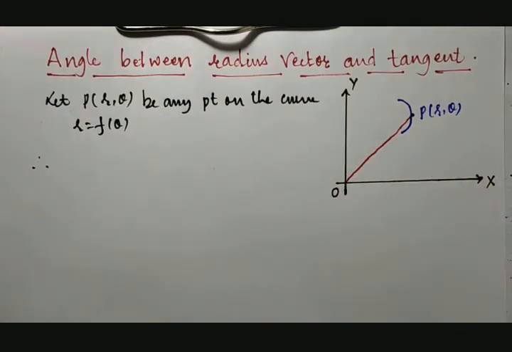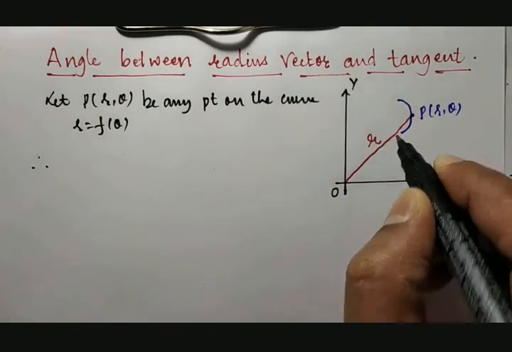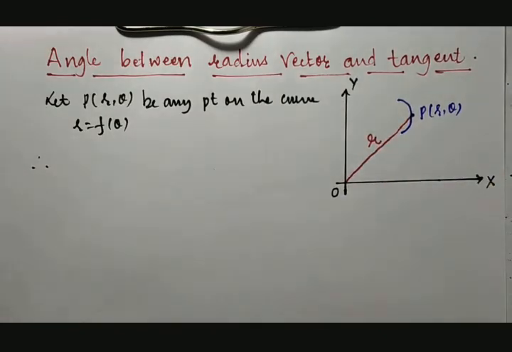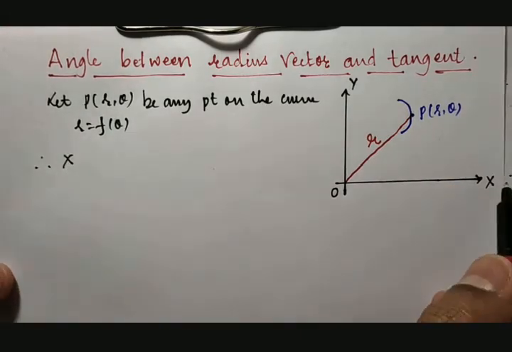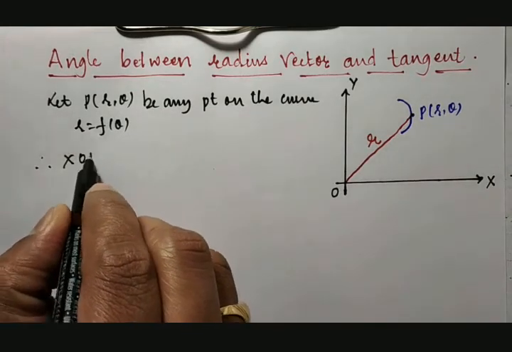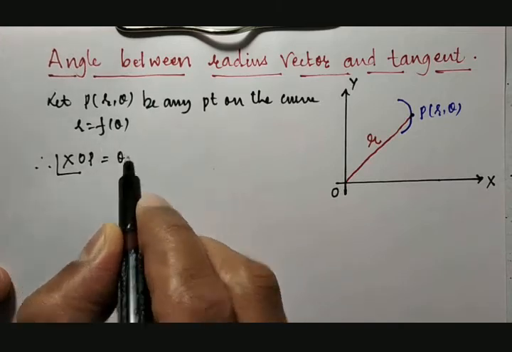We know that this distance from O to P will be treated as r, where r is a radius vector. Therefore, let us take x, O and P. This angle is equal to theta.